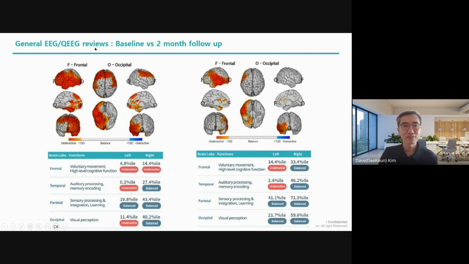Basically the red area is the underactive area, which decreased a lot, and his symptoms improved. You can also see the increase of the percentile value. This is the source level theta beta ratio. All areas are a little bit increased. The percentile is increased, which means theta is reduced and beta is increased in all areas.